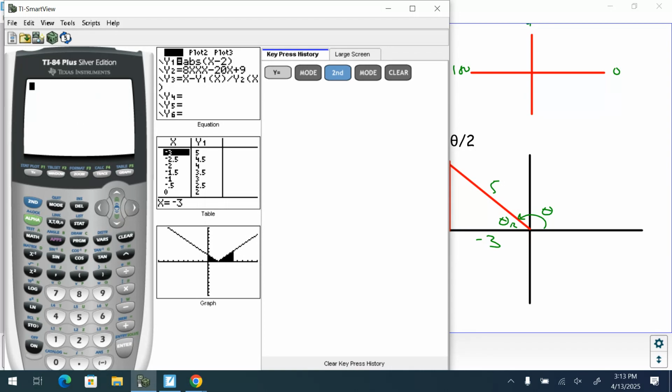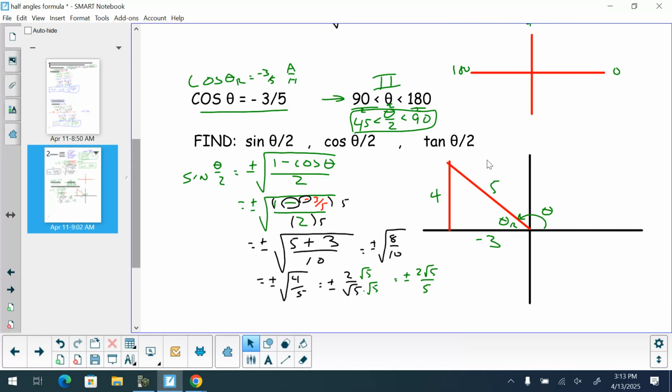You can take any number you want. Take 72. Take the sine of 72, we come down to a positive value. So your solution is going to be a positive value.